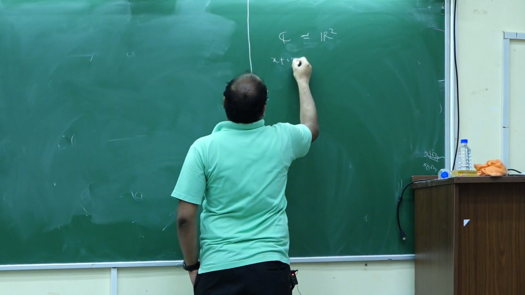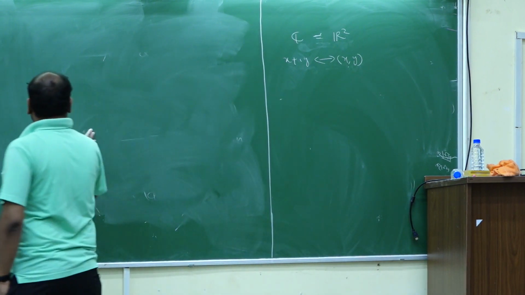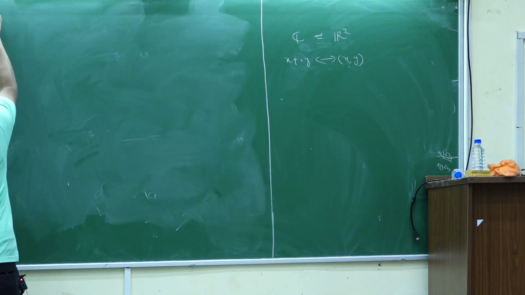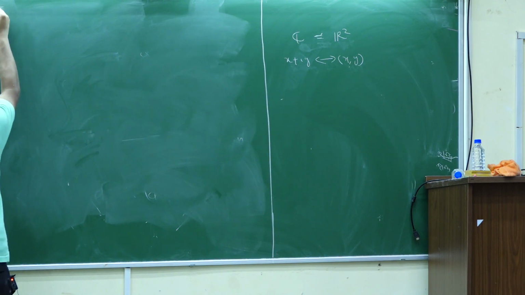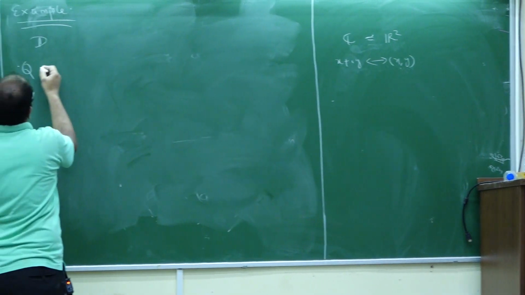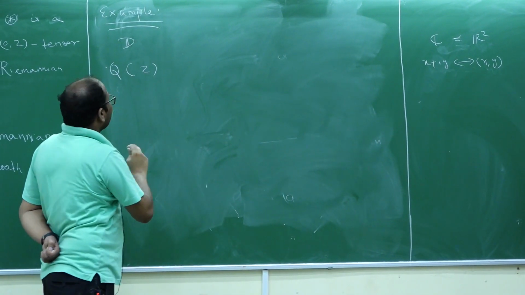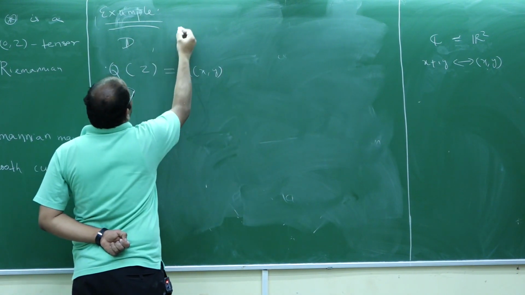So x plus iy will be identified with (x, y). The first example is this geometry. And what is Q here? Q of (x, y) is the same thing as Q of x plus iy.